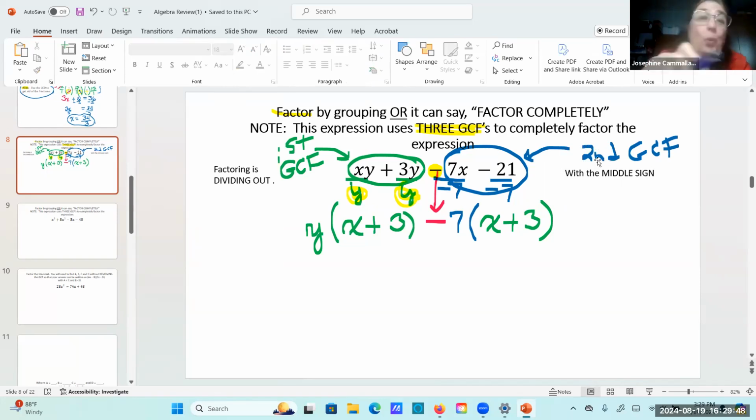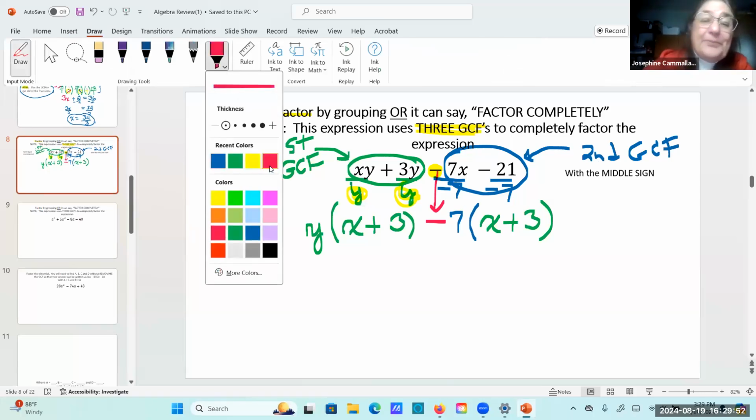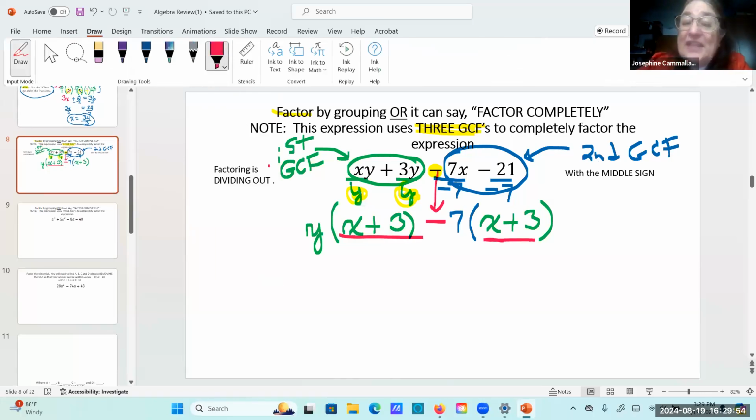And then, where's my third? Oh, right here. This is a binomial greatest common factor, which means I am dividing out x plus 3.